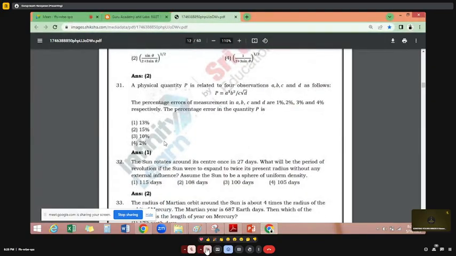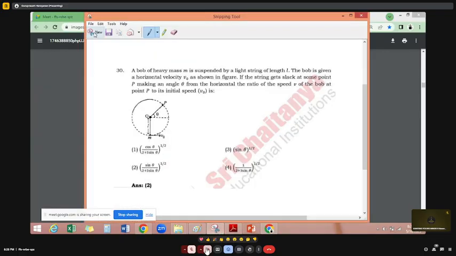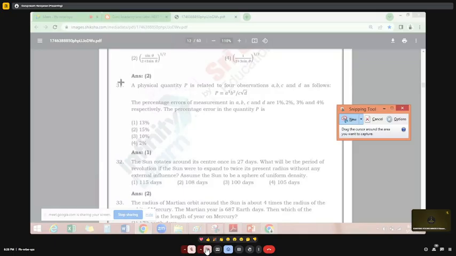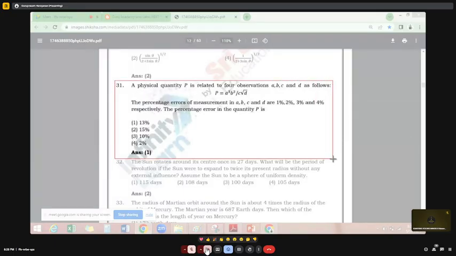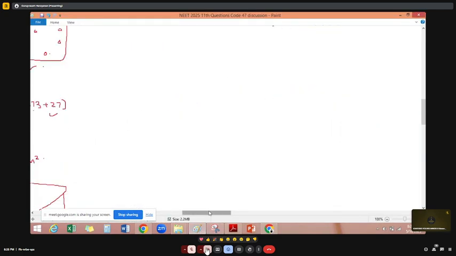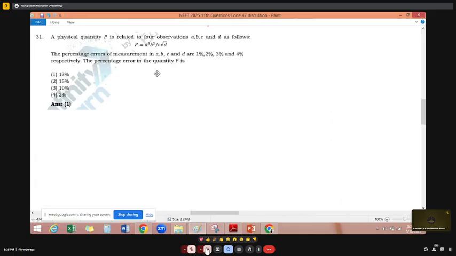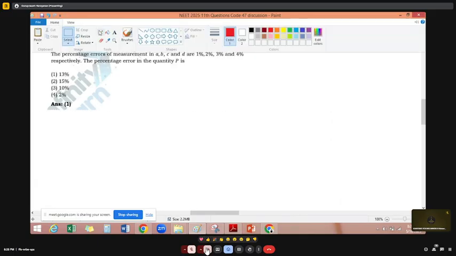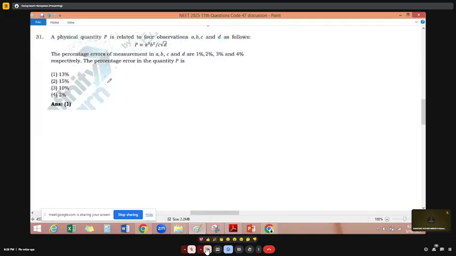This is also a dimensions-based problem, very easy one. But I think the solution did not have the correct options, if I remember correctly. Let's see. A physical quantity is given by this equation. The percentage errors of measurements in A, B, C, D are 1%, 2%, 3%, and 4%.